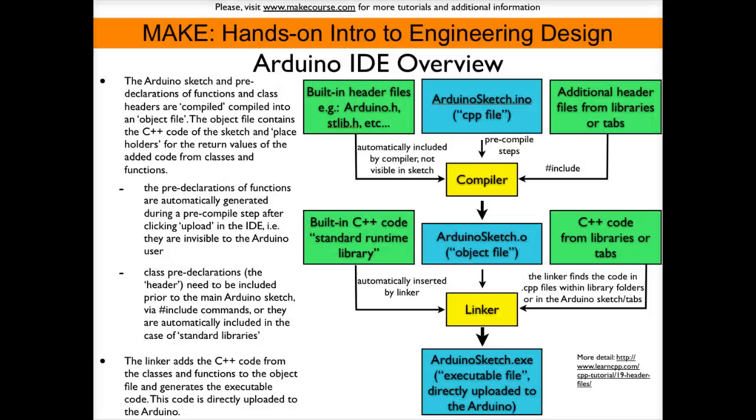So if you remember in the tutorial about the functions, we tried to put the class definitions into a separate tab, and it did not work. The compiler did not accept that, and we got an error message.